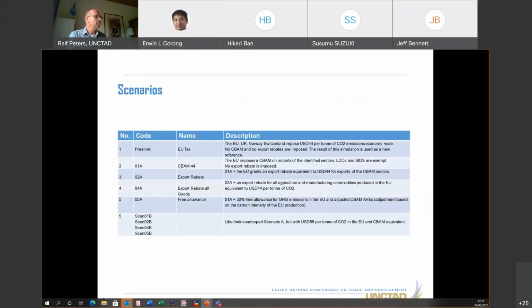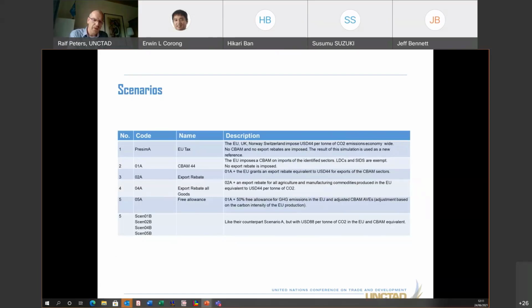The scenarios that we look at are mainly 4 scenarios. So the pre-simulation, which I will not discuss here in the interest of time, which we then use as the new base. And then we introduce in scenario 1 a carbon border adjustment based on the AVEs that I have just shown. In scenario 2, it's the same as scenario 1 plus an export rebate.